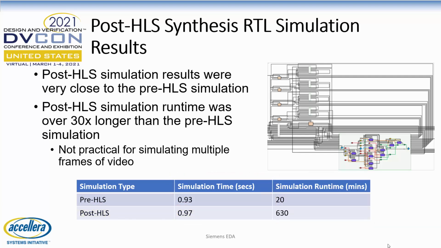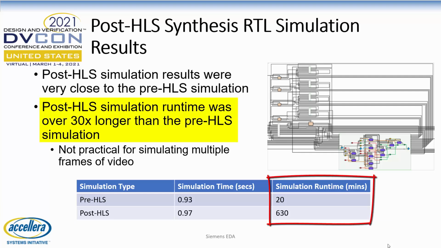Furthermore, the post-HLS simulation runtime was over 30x longer than the pre-HLS simulation. The pre-HLS simulation took approximately 20 minutes to execute a single inference, and the post-HLS simulation took approximately 630 minutes to execute a single inference.